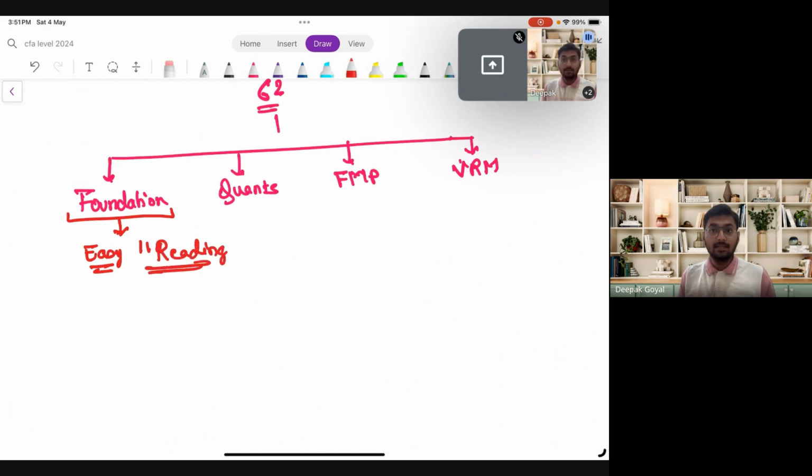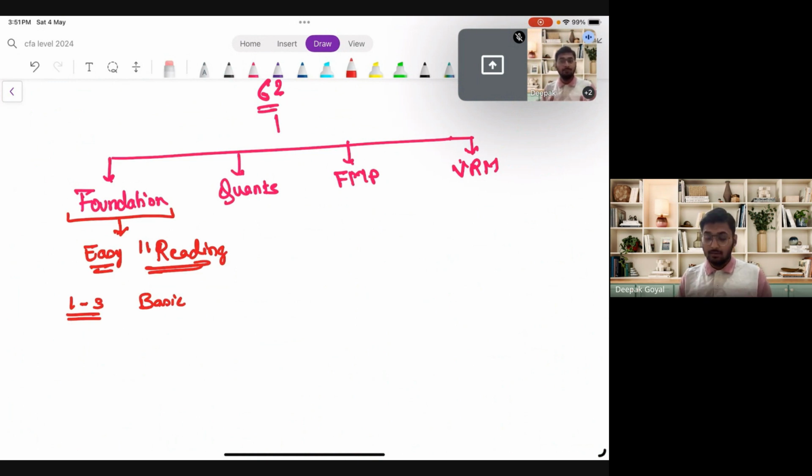We call them readings. Okay. 11 readings, out of which reading number 1 to 3, the first 3 readings, are going to be very basic. They will tell you about what is finance, the small concepts of risk management, credit risk, liquidity risk. They are just introducing you in 1 paragraph or 2 paragraphs or 3 paragraphs, not more than that.